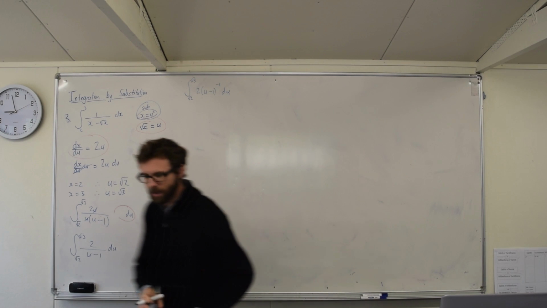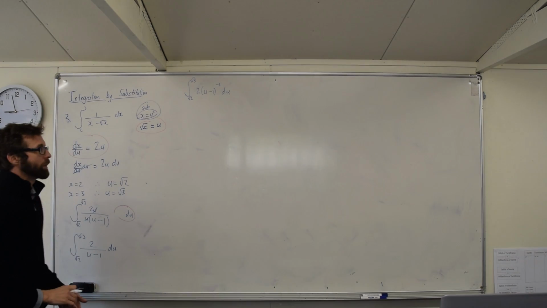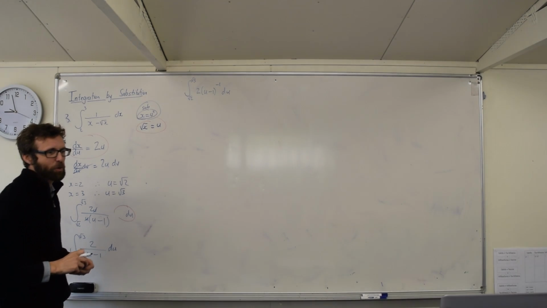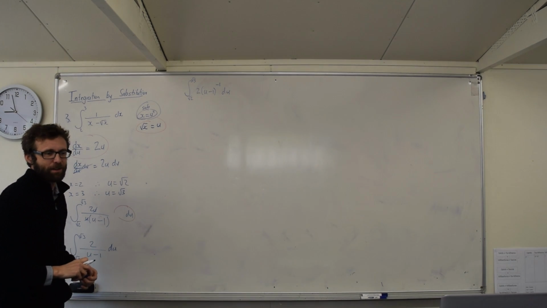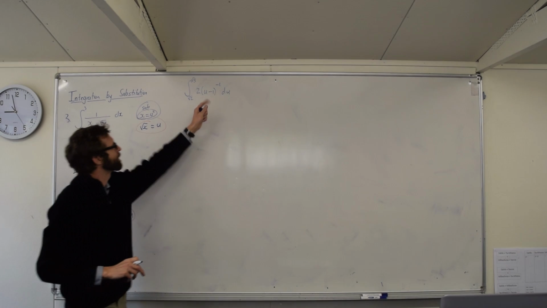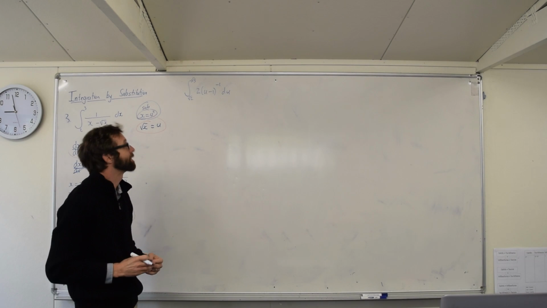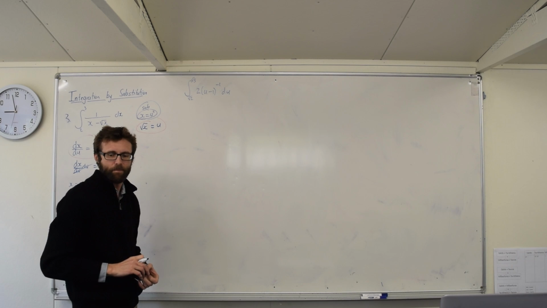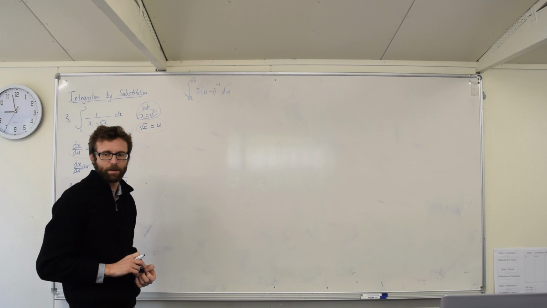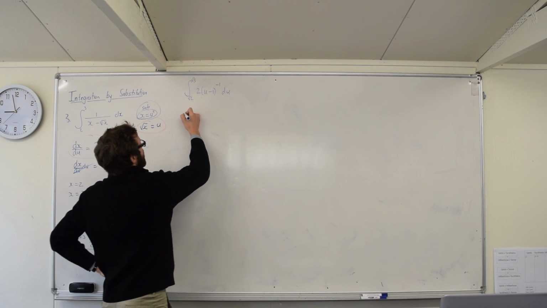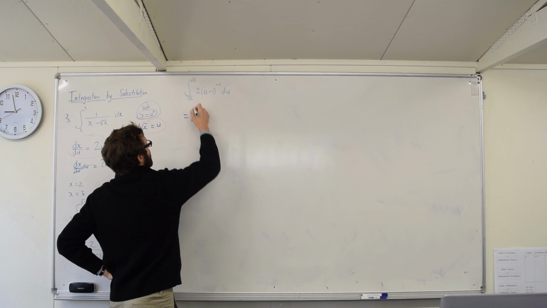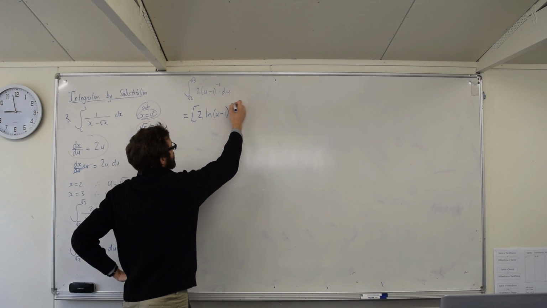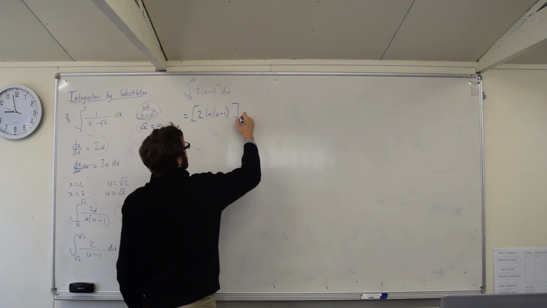And at this point, back in the deep recesses of your brain from earlier in the year, you should be thinking, oh, this to the minus 1, this is familiar to me, and I'm integrating this. Griffin? Is it 2 ln(u minus 1)? Remember that? We don't need a plus c because it's a definite integral, and then we've got this.